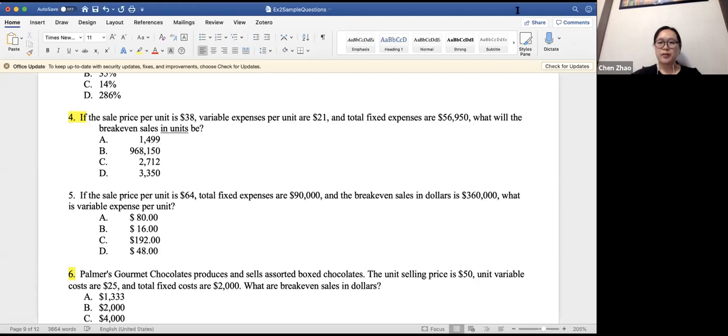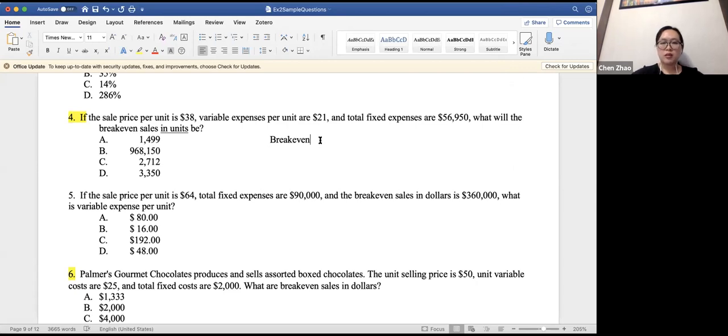Okay, let's work on this together. So my first question is, when does the firm break even? What does break even mean? Okay, what does break even mean?